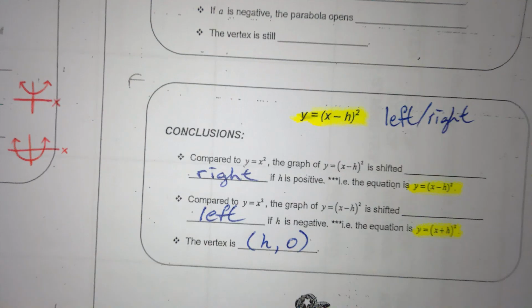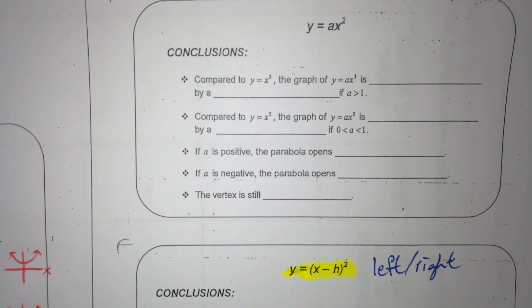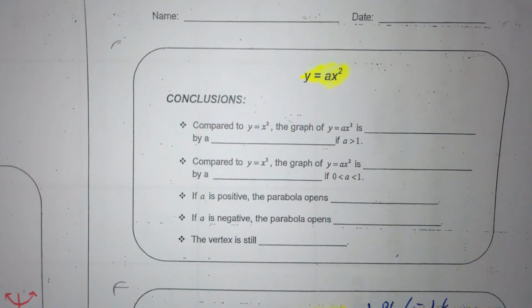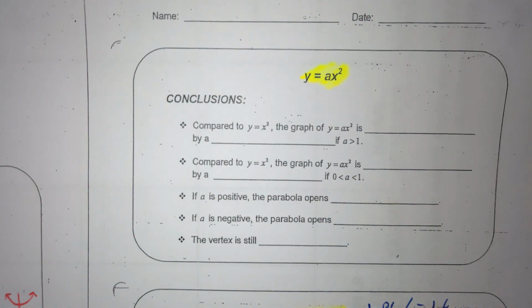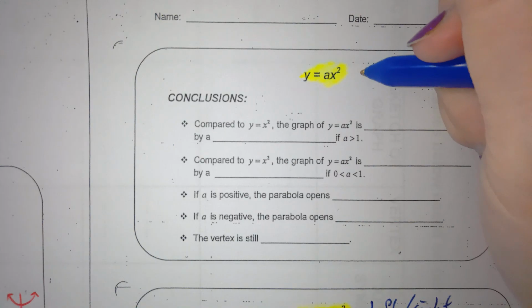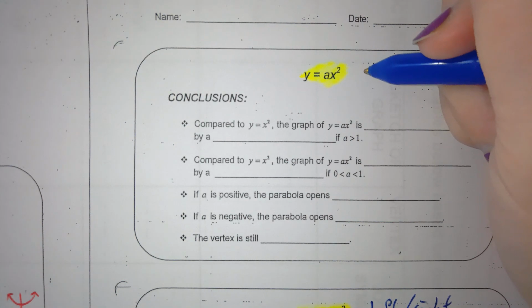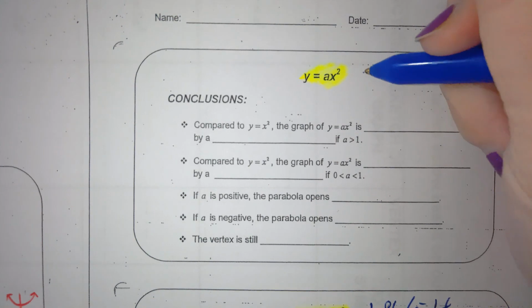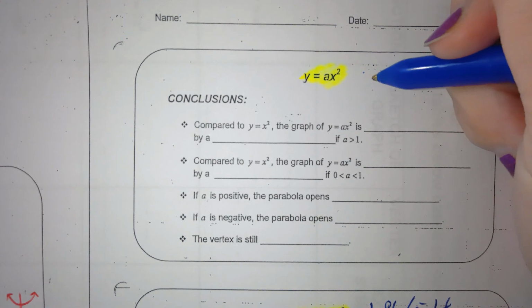And then the third type that we did yesterday was when there's a number in front of the x squared. What does that do? Andy: Either makes it wider or skinnier. Good. But we won't say the graph is fat or the graph is skinny.